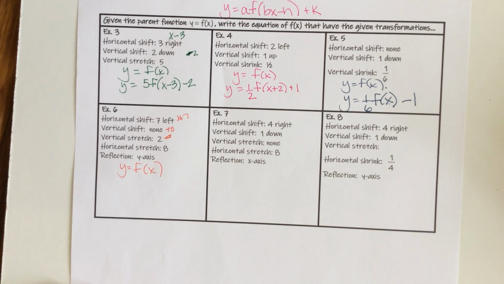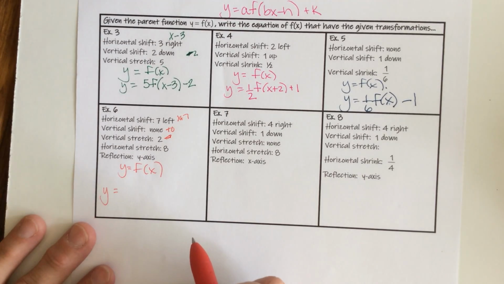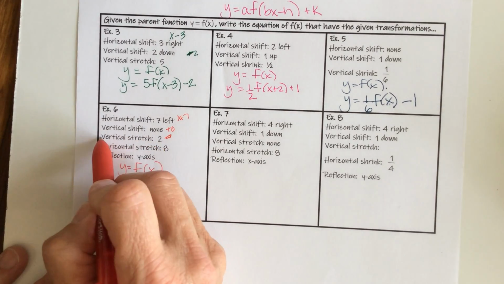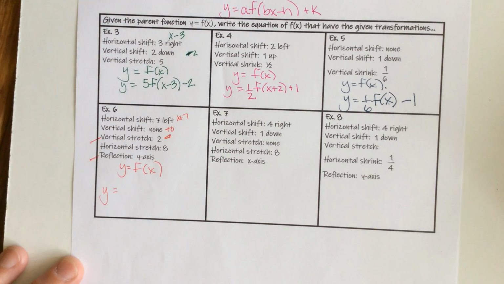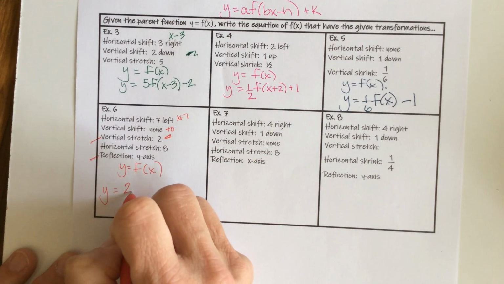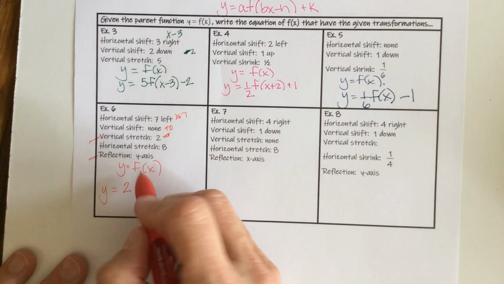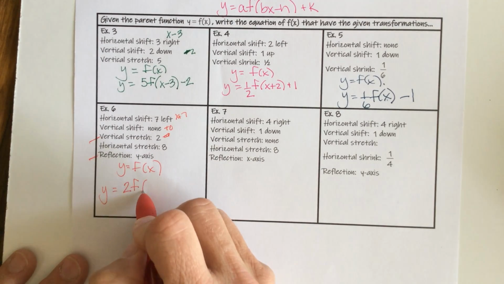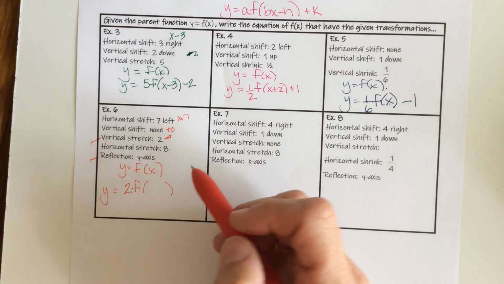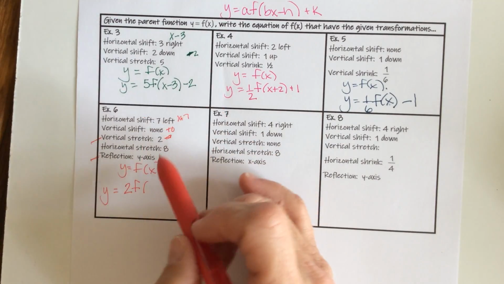Okay, so I'm going to have y equals, I have a vertical stretch of 2 and a reflection about the y-axis. Oh no, that's not the x-axis. So I have 2 times for my vertical stretch. So 2 times f of, okay, here's where we got to be careful.